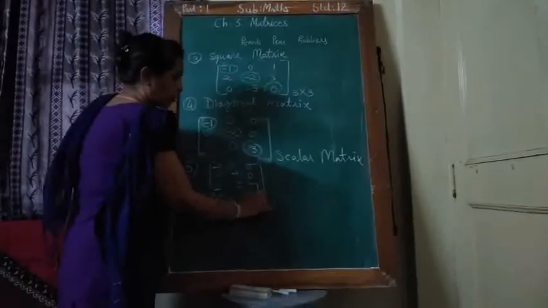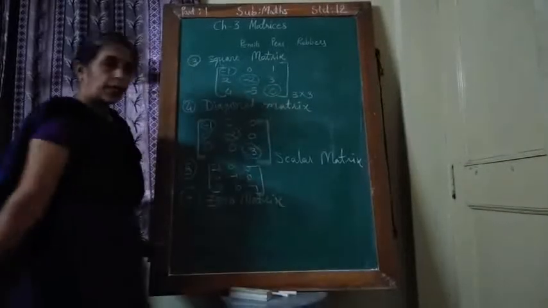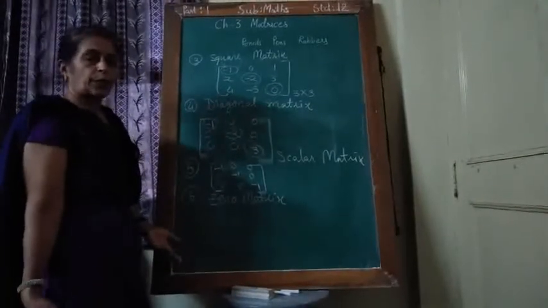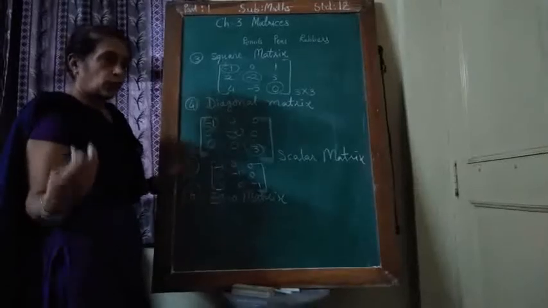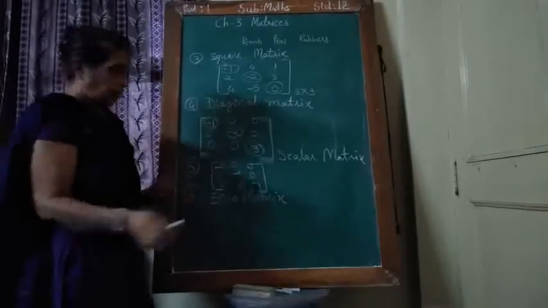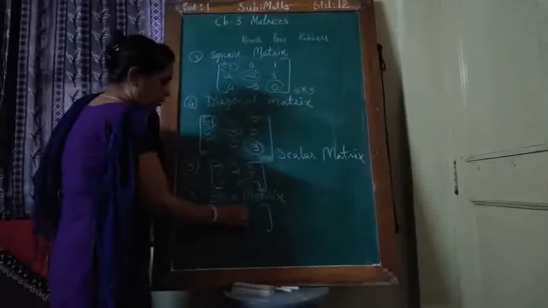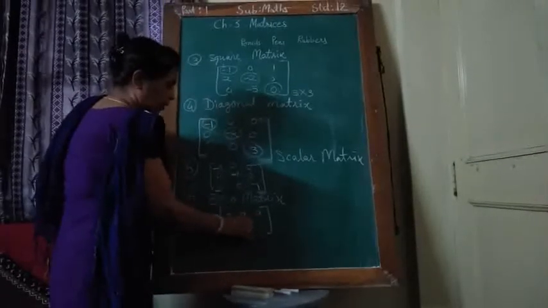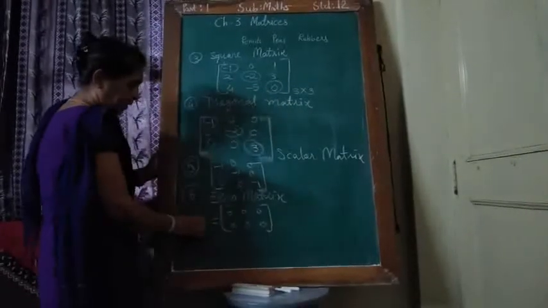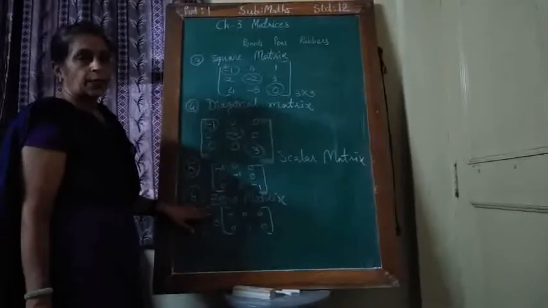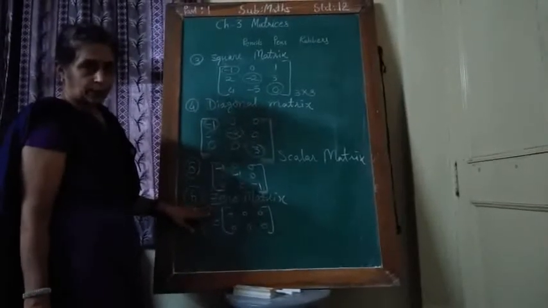A 0 matrix may not be a square matrix. You may take 2 cross 3, 3 cross 2, 2 cross 2, whatever order, but all elements in that matrix are 0. And I write this as C, capital C. Then this matrix is known as a 0 matrix. Clear?